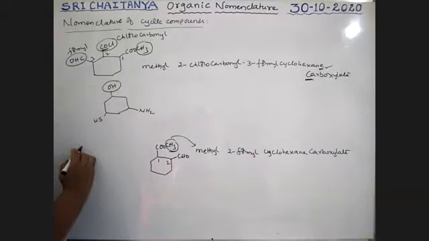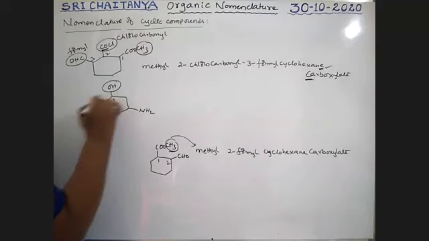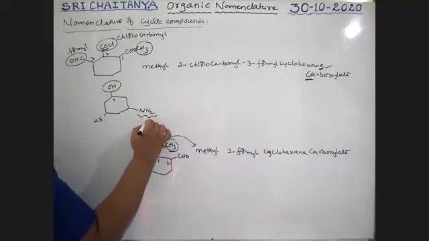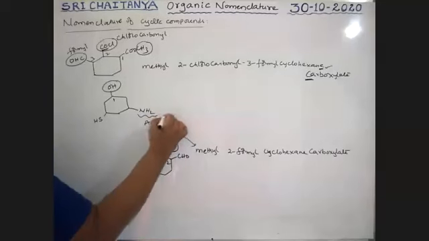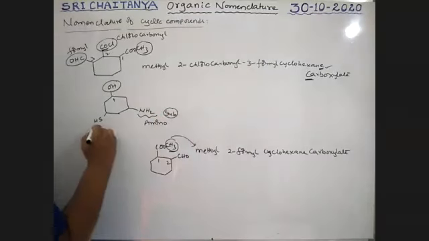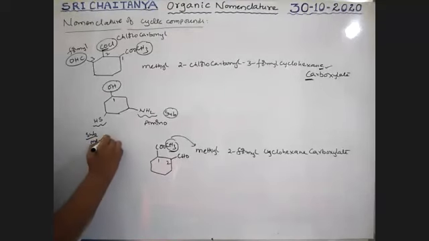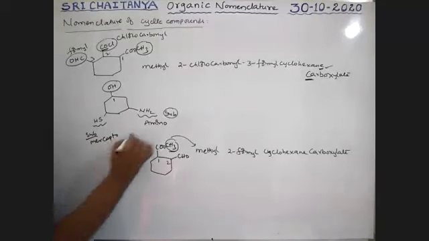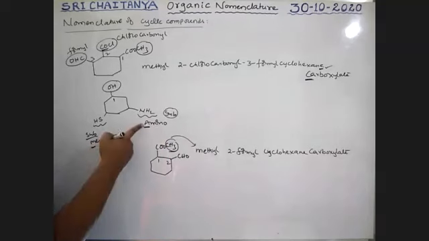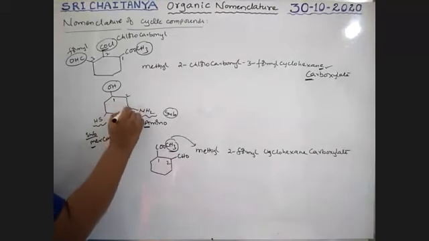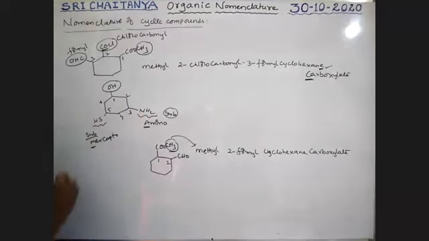This is main. Therefore, it should be first. It is an amino substituent. This is a substituent, mercapto. Therefore, it should get the lower numbered carbon: 2, 3, 4, 5, 6.